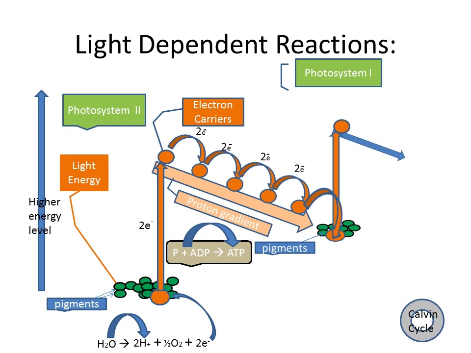Now, this continues to happen as more electrons get energized again in photosystem 1 and bumps those out of the first electron carrier and into the second one. And once again, out of the second one and into the third one. As we can see, even in the third electron carrier, they still have a lot of energy because photosystem 1 has energized them. So they have a lot of energy.